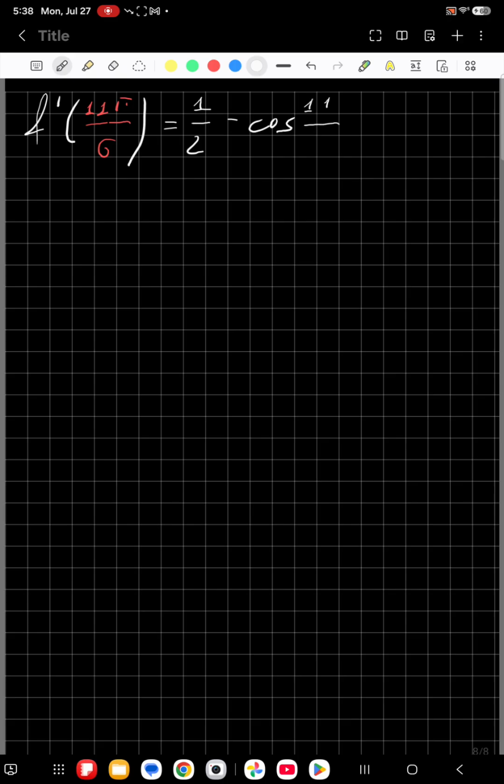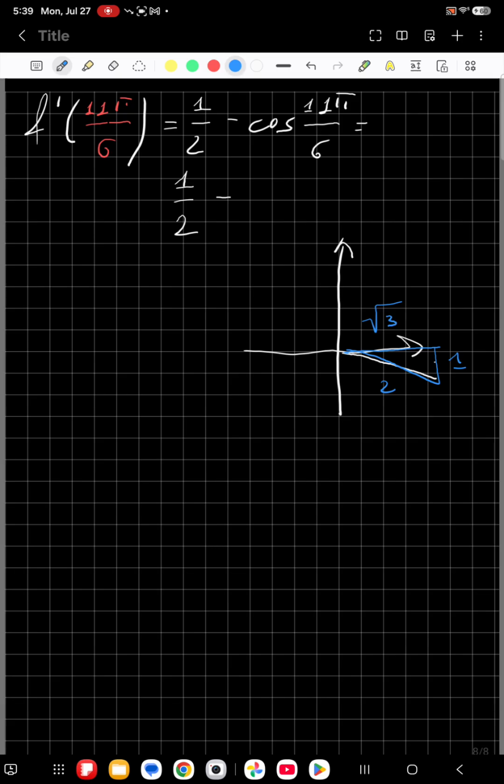So I have 11 pi over 6. Okay, so that is still half. 11 pi over 6 is positive, so I'm going to get minus, and 11 pi over 6, let me do it again. Okay, so 11 pi over 6 is here, right? Then if I draw that special triangle, that would be 1, that would be 2, and that would be radical 3.